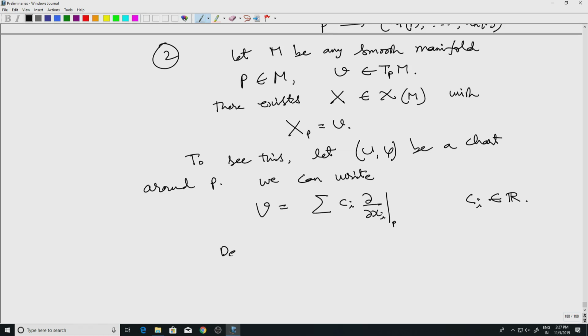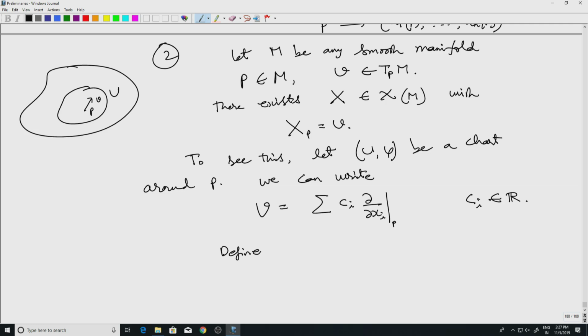So at least locally, this is my U, this is the point, and I have a vector V. At least on U, I can define a vector field which extends V in a very trivial way.